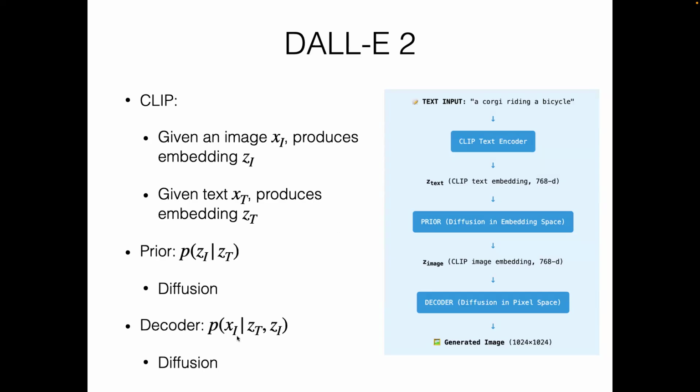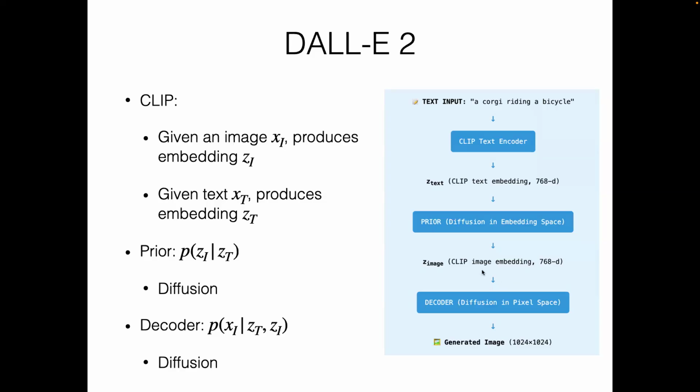Then they have the second model, which is the decoder. Now you could take in some text or an embedding of text, which you could get easily, and you can take in an image embedding, which you can get now from your prior. And now you want to produce an image.